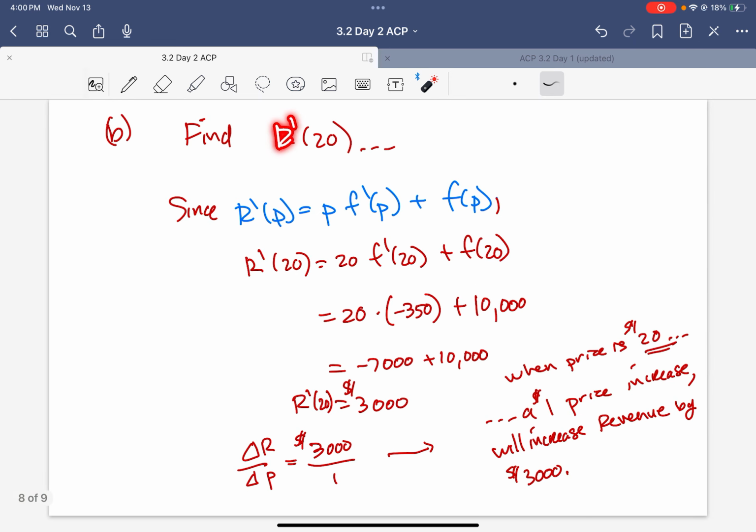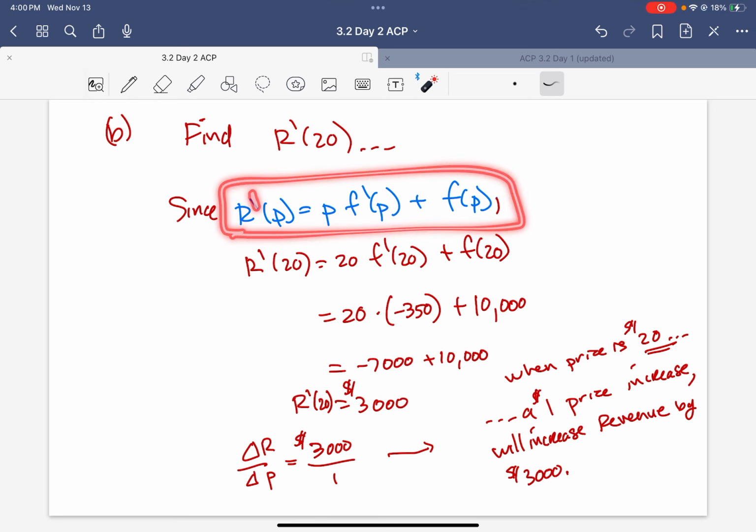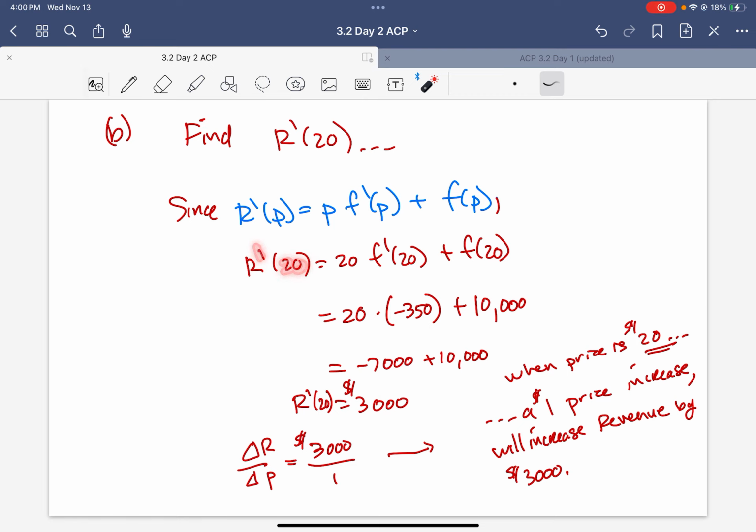And then they say find R prime of 20. We said that this was the change in revenue. So the change in revenue at $20 would just be plugging in 20 for the price and seeing how the revenue changes. This is 20, this they gave us was 350, and this they gave us, f of 20, was 10,000. When you work it all out, you end up getting $3,000 of revenue for every $1 of price increase.